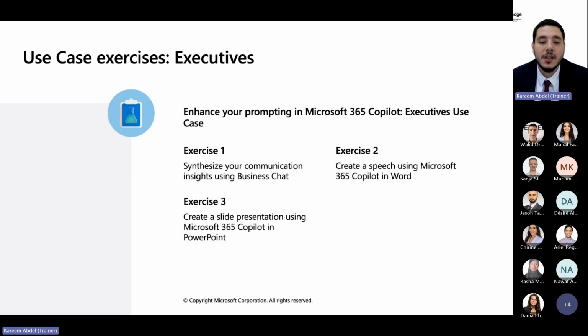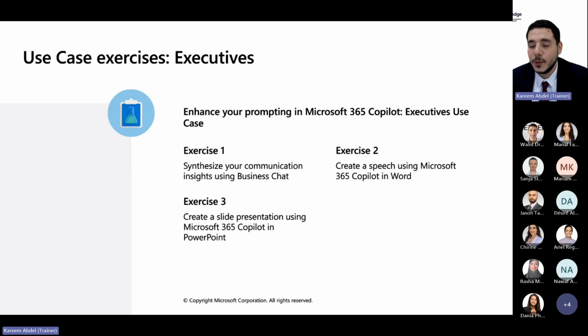So it can be very hectic for executives to consolidate all of this information and keep up to date with what's going on in terms of the interactions that they've been having and the updates of the projects that are happening.